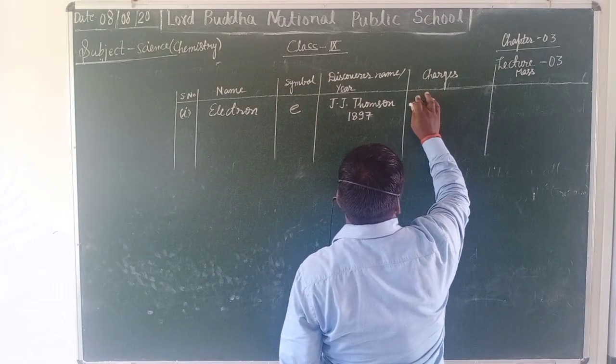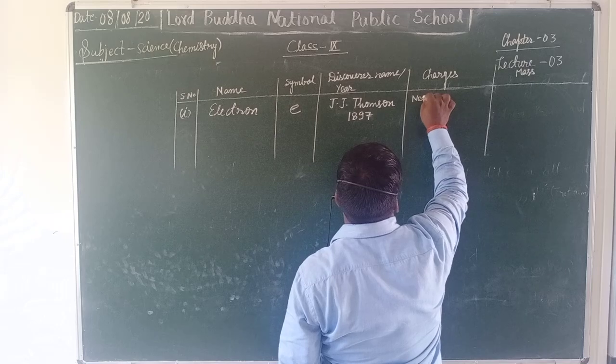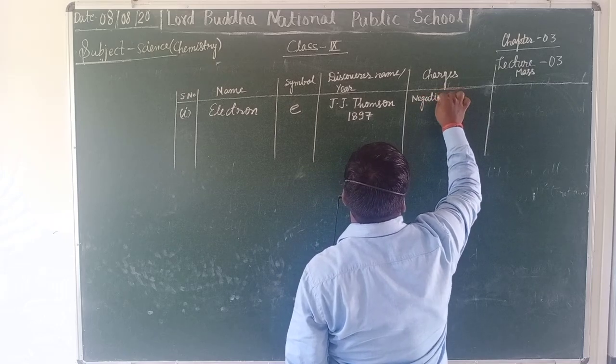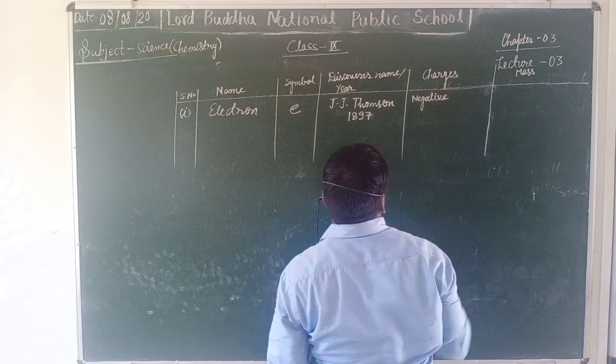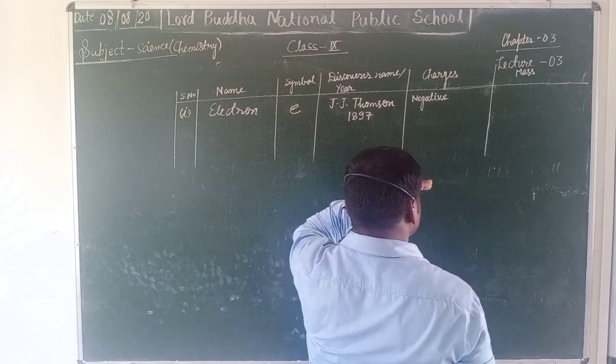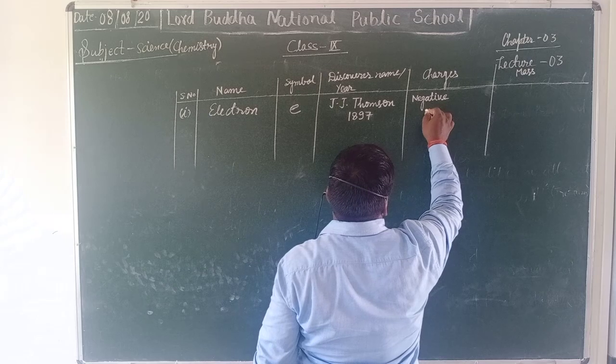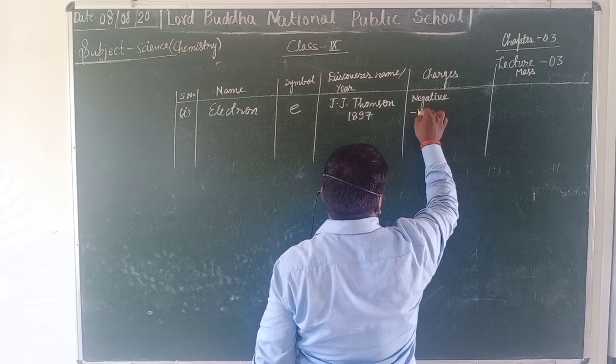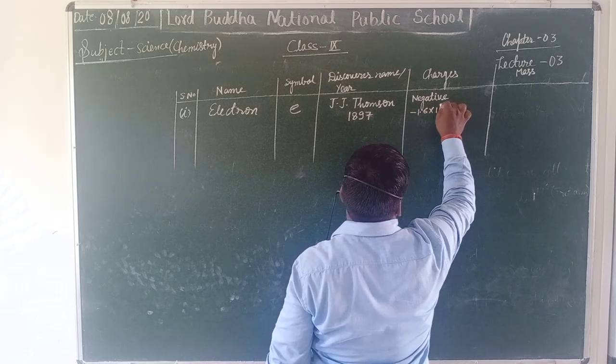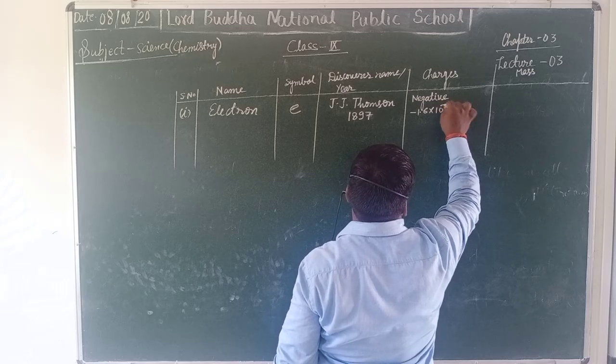Electron has a negative charge. The unit of charge is coulomb. It has minus 1.6 into 10 to power minus 19 coulomb of charge.